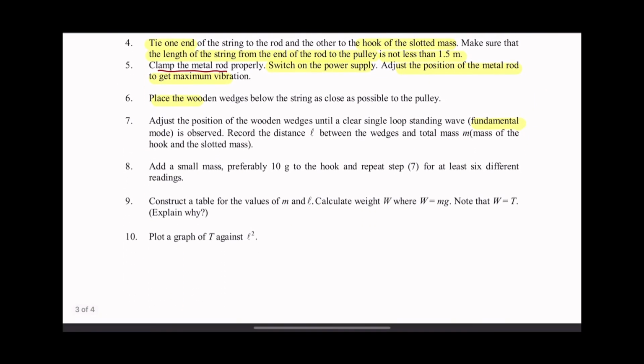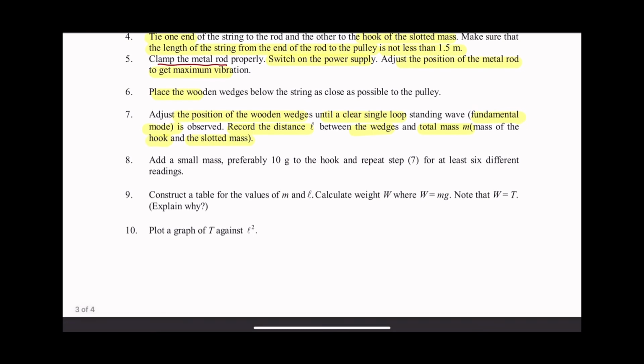Then it says adjust the position of the wooden wedge until a clear single loop standing wave, or we call it the fundamental mode or first overtone, is observed. Record the distance L between the wedge and the total mass M of the hook and the slotted mass.